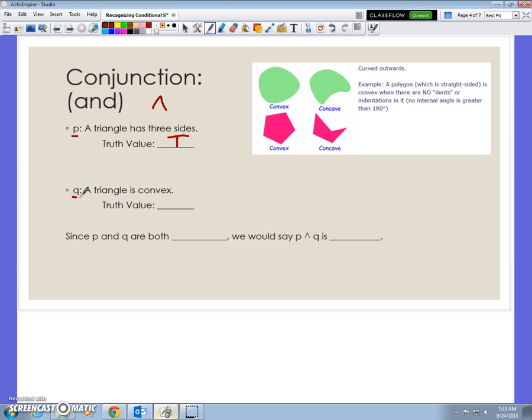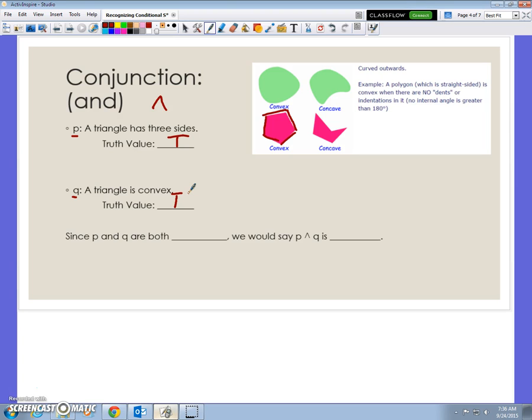A polygon is convex if there are no dents or indentations in it, no angles inside that are greater than 180 degrees. So basically all of our rigid shapes, like a triangle, any of our perfect polygons, square, rectangle, those types of things, are all called convex shapes. So a triangle does fit in that category. Is a triangle convex? Yes, all triangles are convex, true.